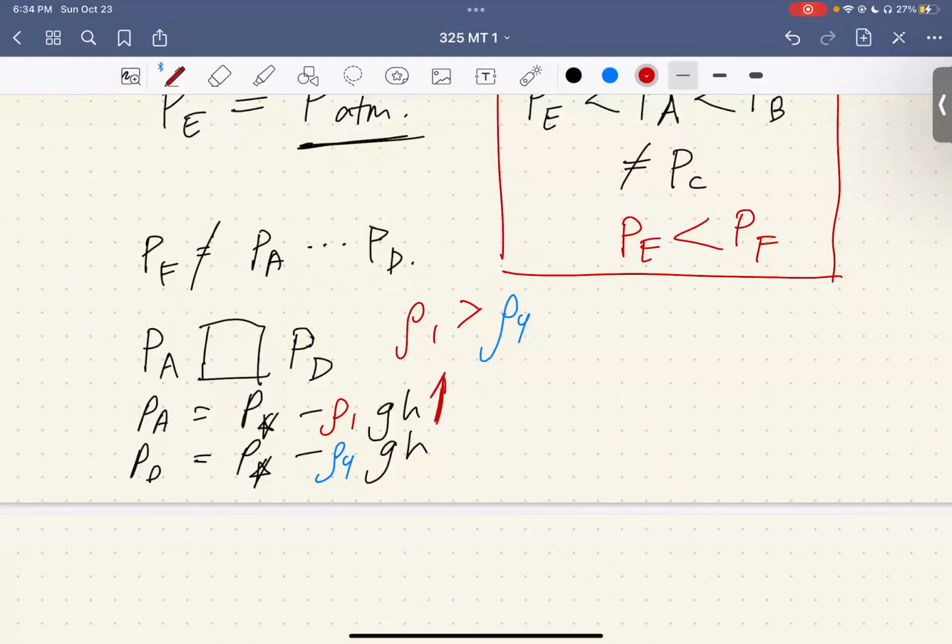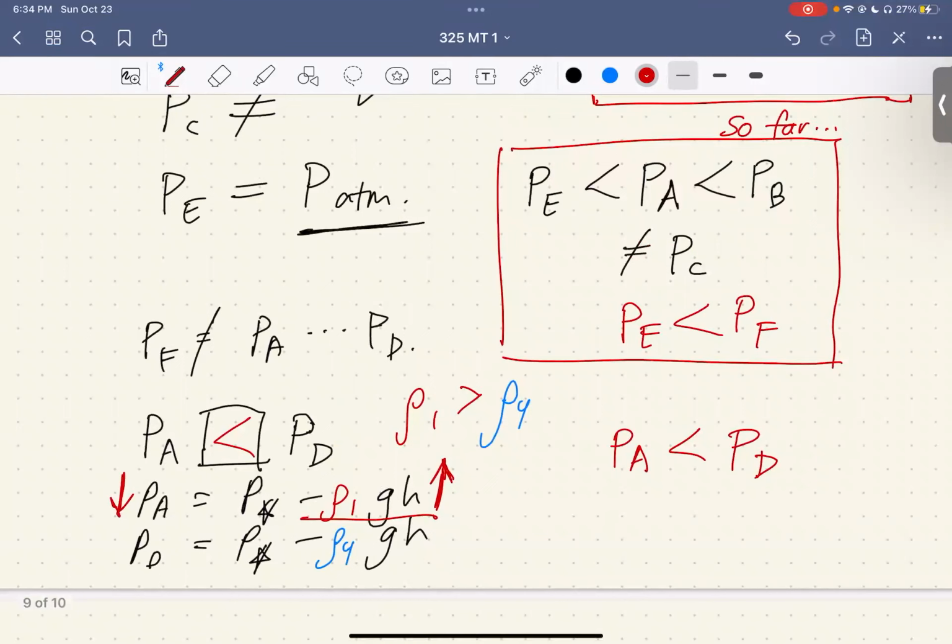That means this term is higher, then this term is lower, so we know PD is greater than PA. That's good, but we have PA in the middle. So do we know if it's greater than PB or just in between PA and PB? That's now what we have to determine.